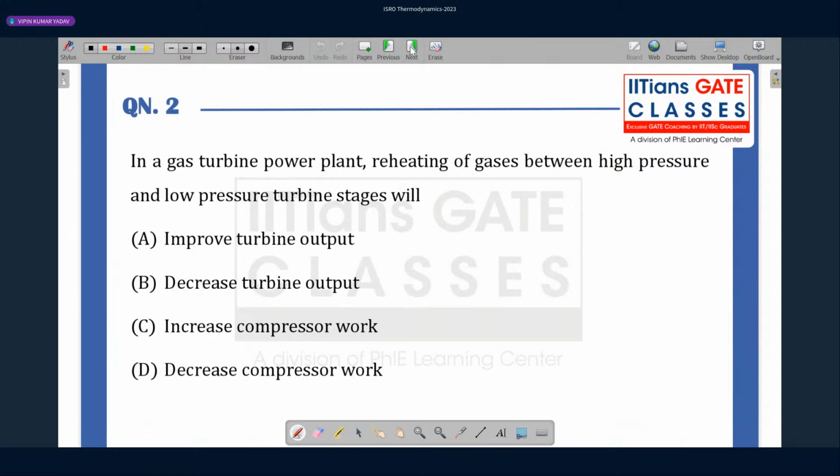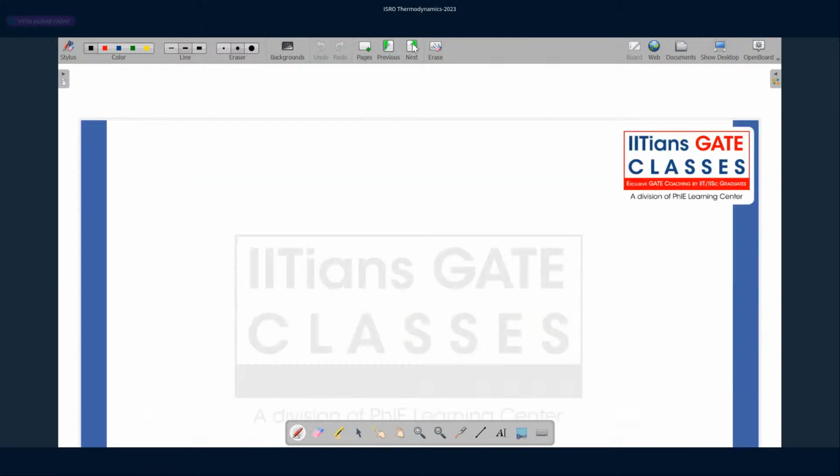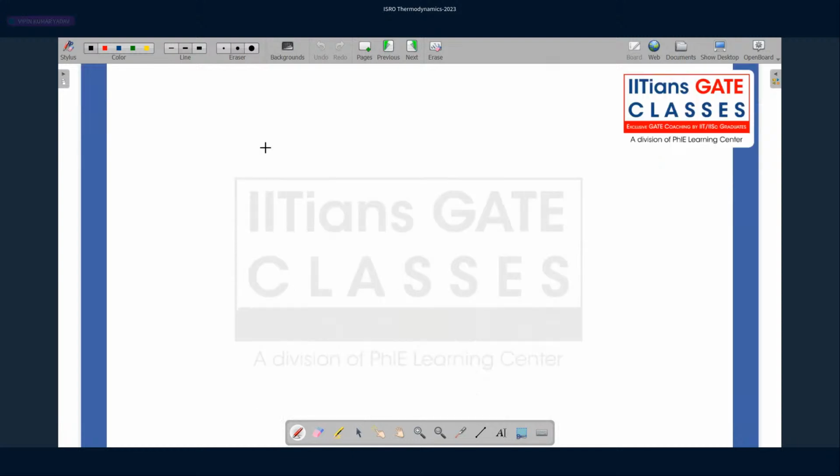To understand this, let us see what a gas turbine power plant was. A gas turbine, or it is also called the Brayton cycle.